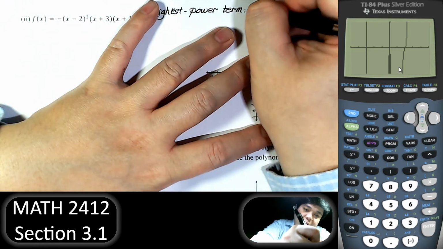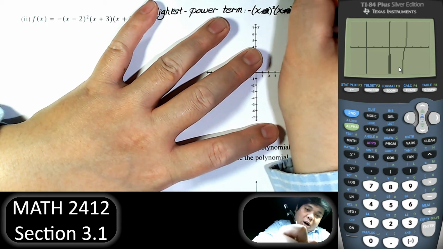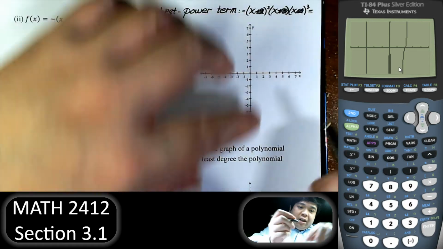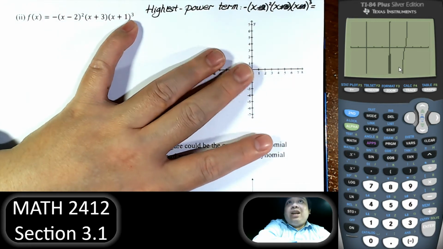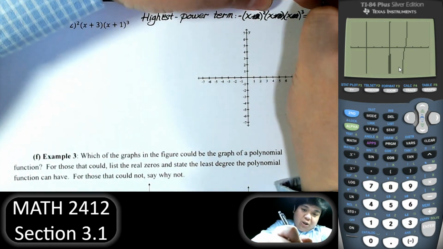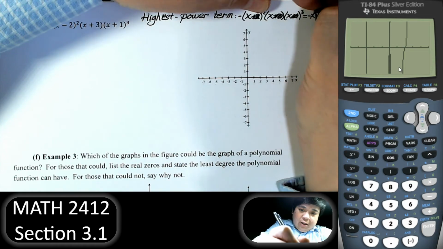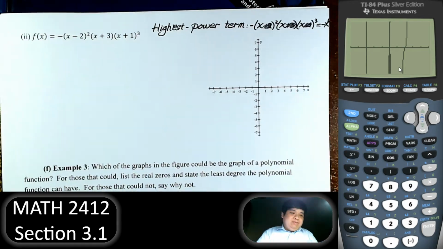So we ignore the 2, the 3, and the 1. Just take the one with the highest power. So what do we have here? 2, 1, and 3. So that is 6. And so negative x to the 6. Sorry. Yeah, that's to the 6th power.